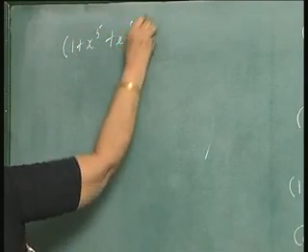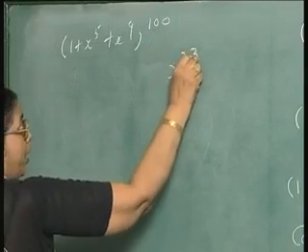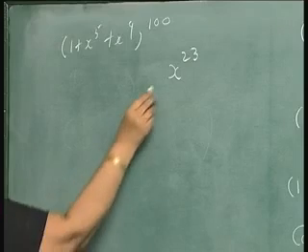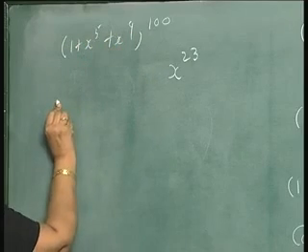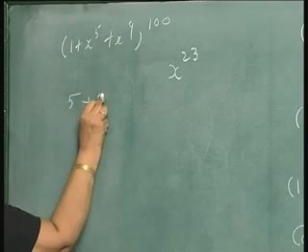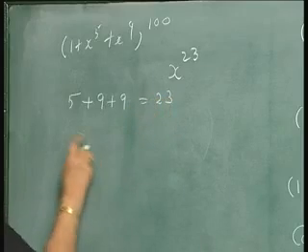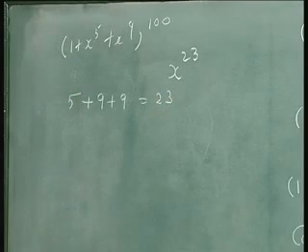Now how can you get 23 by having 5s, 9s and 1s? There is only one way of doing it. You can have 5 plus 9 plus 9. This will give you 23. Otherwise, if you have 4 5s, then you will have 3, which is not possible. If you have 2 5s, then also you will be left with 19, which you cannot account for. 3 5s, then you will be left with 8, which is not accountable.